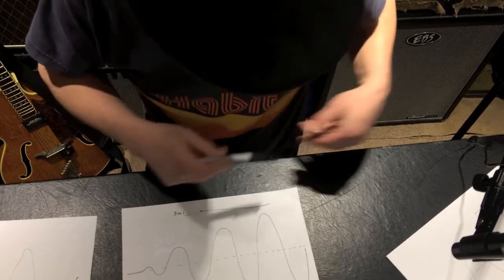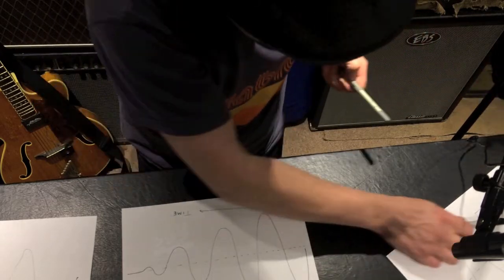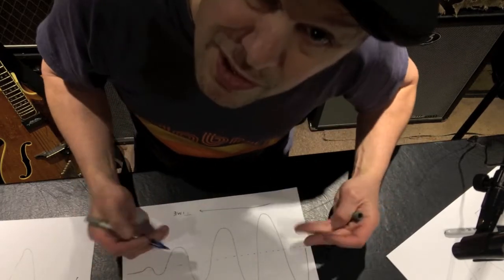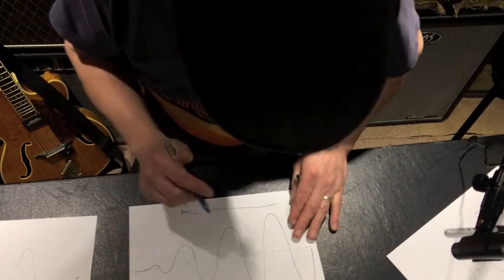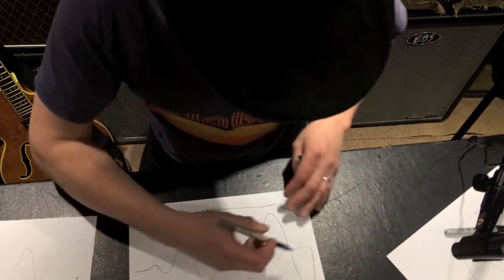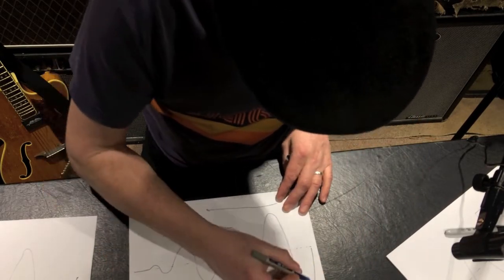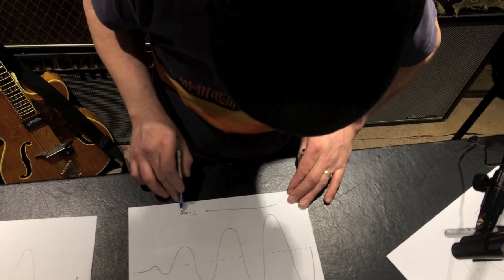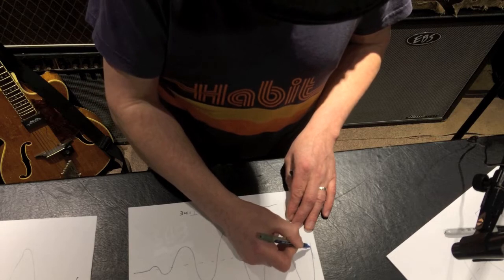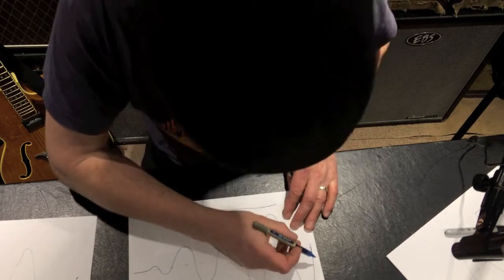Now I'm going to do a little demonstration on the computer in a minute where I'm going to record a guitar note, and you can actually see all of this happening. Now, digital recording, how it works is, remember this is the time axis going down here, every so often it's going to take what's called a sample.